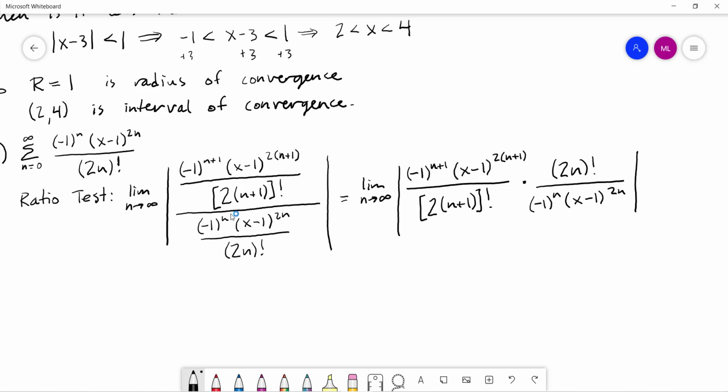So there is this thing just rewritten. Instead of fraction divided by a fraction, it's that fraction times the reciprocal of the other fraction.